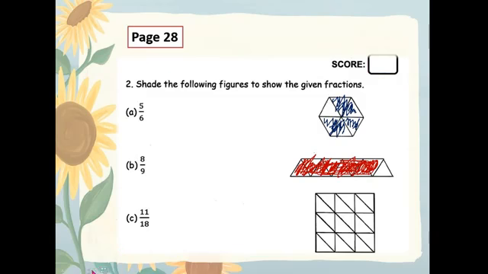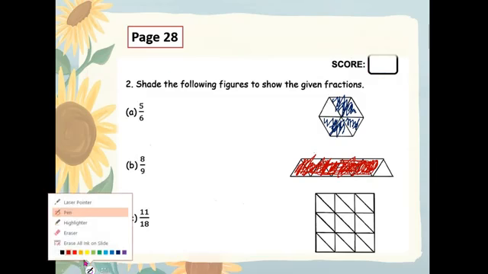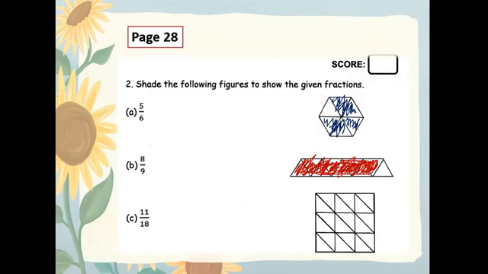Okay, and then for the letter C, 11 over 18. Color 11 triangles out of 18. So 1, 2, 3, 4, 5, 6, 7, 8, 9, 10, 11.